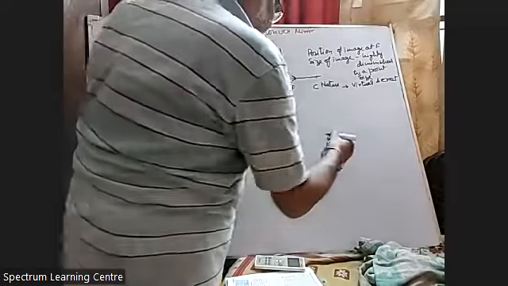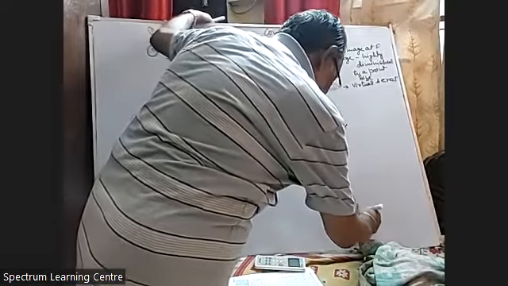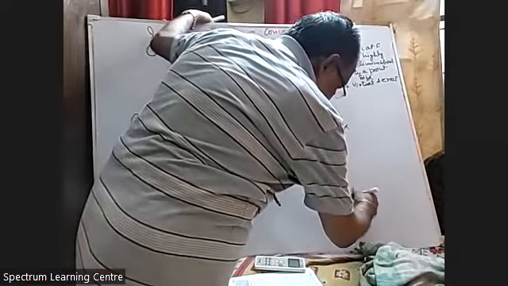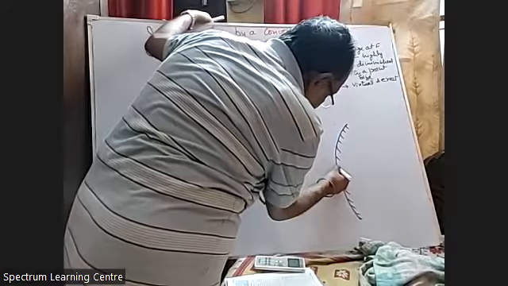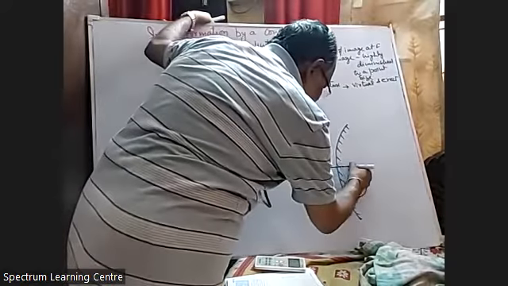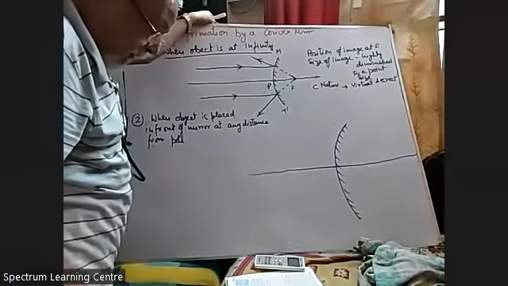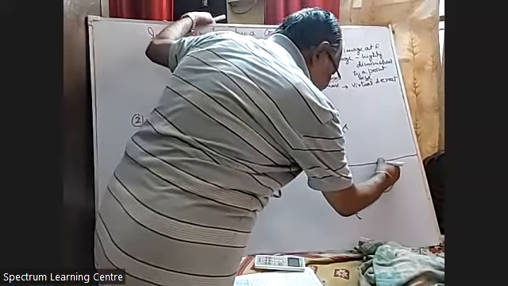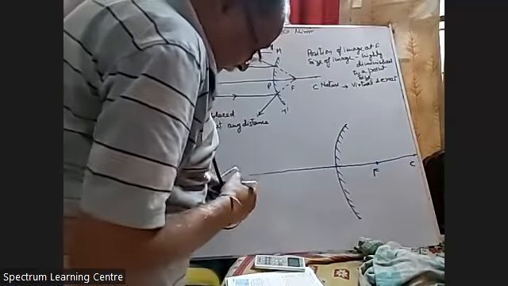So let's make this diagram also properly. So this is my midpoint. So this will be my principal axis, which can be extended up to this, right? This is F, and this point is C.